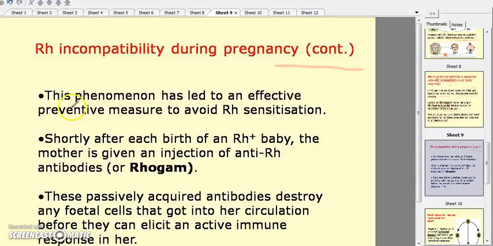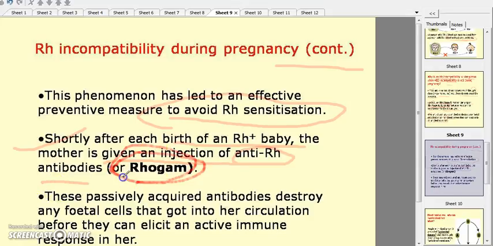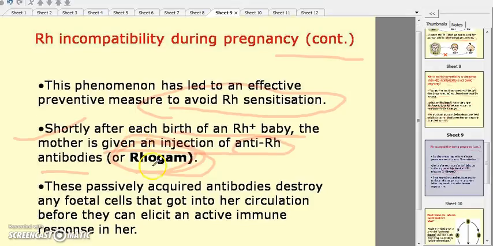Rh incompatibility during pregnancy has led to an effective preventive measure to avoid Rh sensitization. It's very important. Shortly after each birth of an Rh positive baby, the mother is given an injection of anti-Rh antibodies, or RhoGAM.